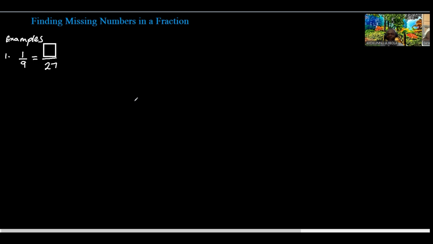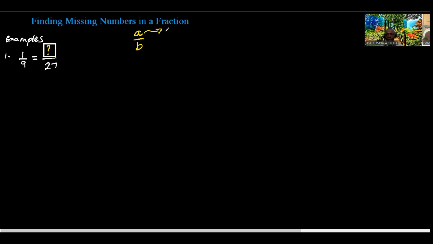Okay, but let me just try to explain this. What we're trying to do is to say what number should go in here that will make them equal. Is that clear? We're going to compare, in a fraction, a number over another number.